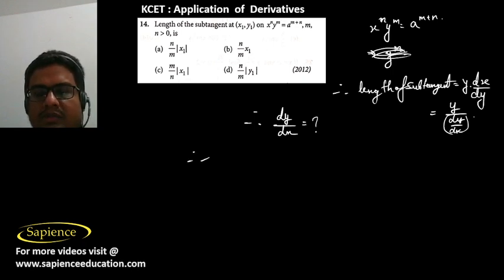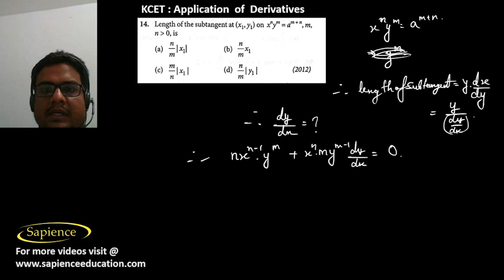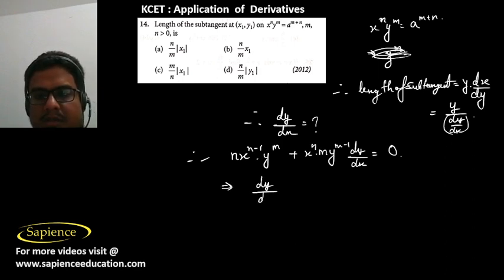If we differentiate both sides with respect to x, we get n x power n minus 1, where a is a constant.